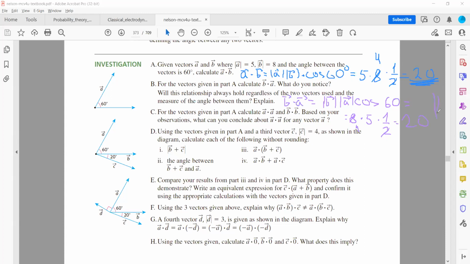Again, this is a very important notation. From this point on, we can say that the dot product obeys the property of commutativity. So we can even rearrange the position in the dot product, and it will not affect the result.